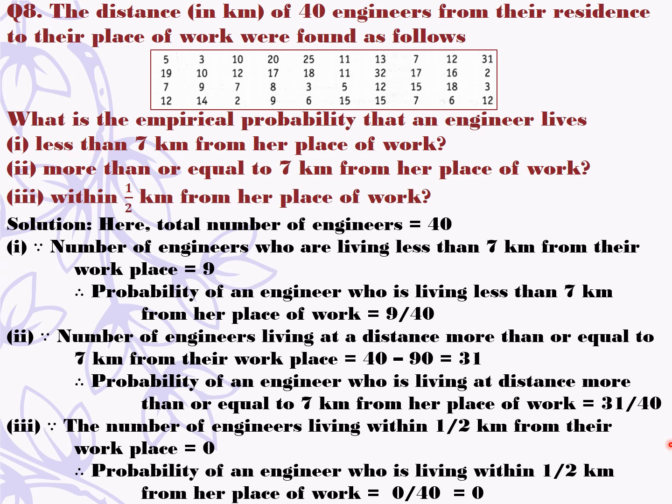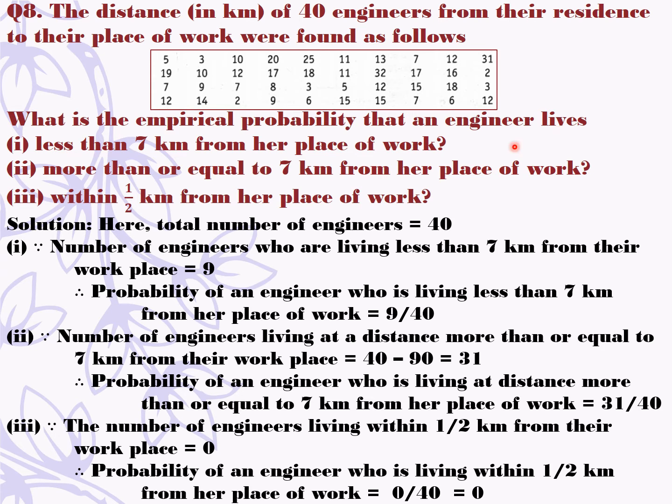The third part says, what is the empirical probability that an engineer lives within half kilometer from her workplace? So if we see the table, none of the values are 0 or less than 2. We have 2 kilometers as the least distance from anybody's residence to their workplace. So there is no such data as 0 or half.